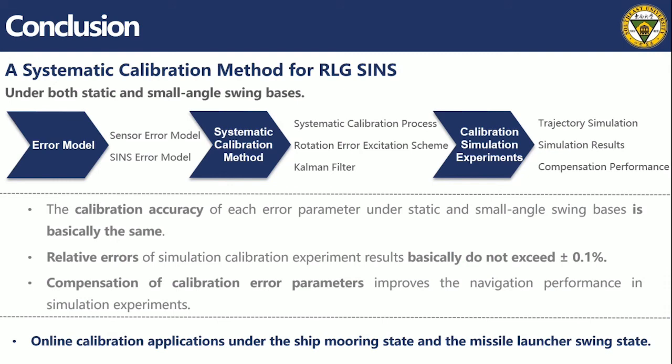Moreover, relative error of simulation calibration results basically don't exceed plus or minus 0.1%. Besides, compensation of calibration error parameters also improve the navigation performance in simulation experiments. Systematic calibration method in this essay has certain reference value in online calibration applications under ship mooring state and missile launcher swinging state.